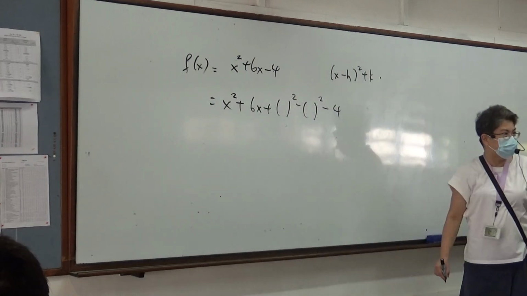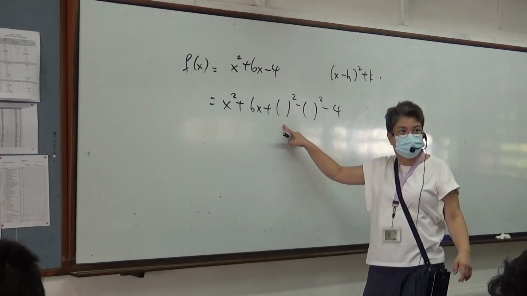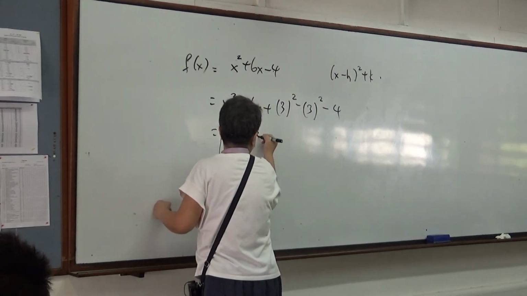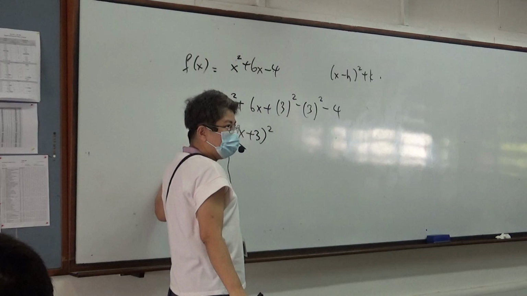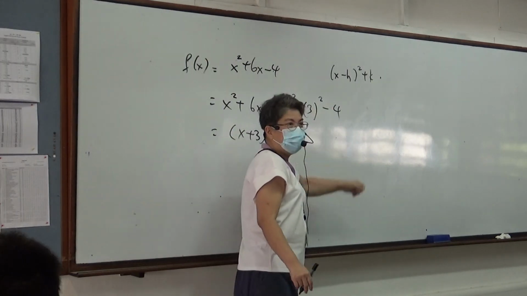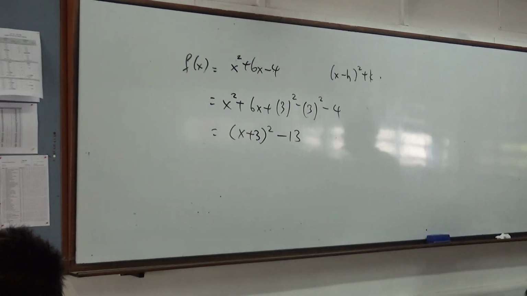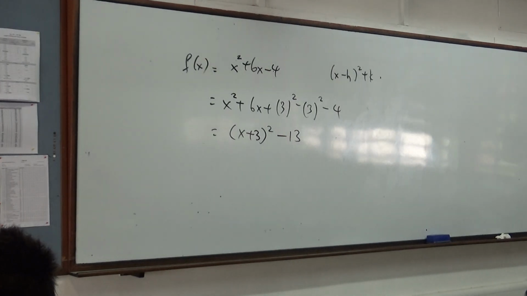No, because it's an expression. What do I fill in here, class? 3. Very good. So this one becomes (x plus 3) squared, negative 9 minus 4. So it's negative 13. Are we clear here? So we have done the first part already.